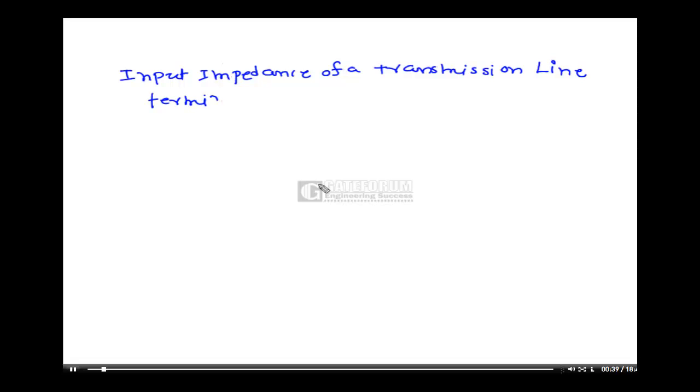Input impedance of a transmission line terminated with any load impedance ZR.